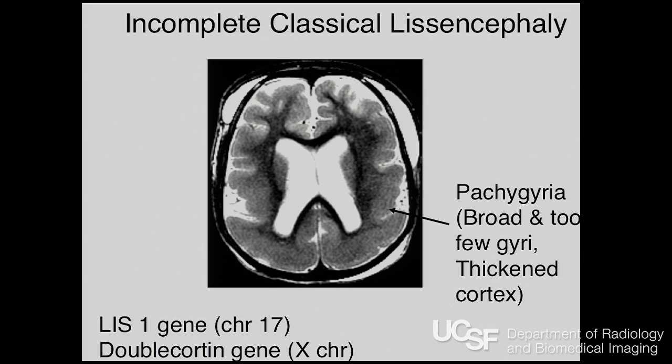And this is classically associated with mutations either in the LIS1 gene or in the doublecortin gene, and there's a gradient of severity, where this example is a mutation in the LIS1 gene, where the lissencephaly is more severe posteriorly, whereas the doublecortin gene mutation has more severe lissencephaly anteriorly.